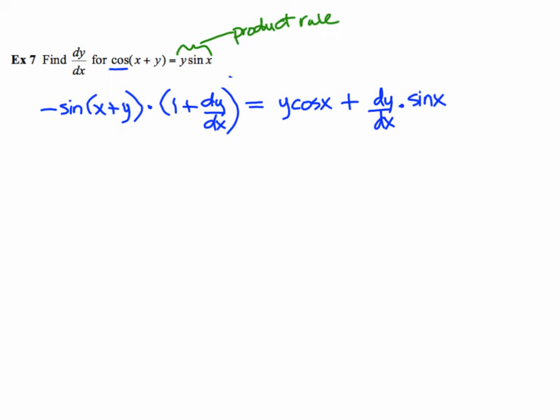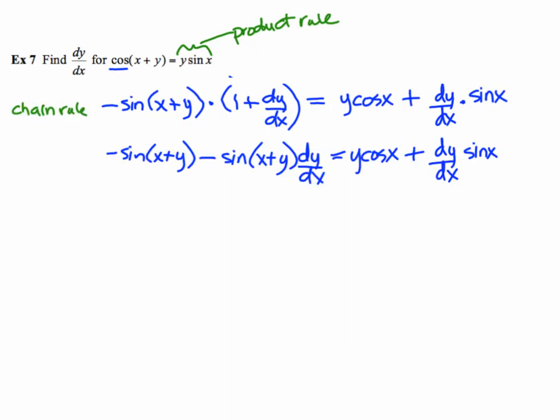And you can see on the left-hand side, I have a multiplication there, so I'm going to distribute negative sine of (x plus y) into the brackets on the left-hand side. So negative sine (x plus y) minus sine (x plus y) dy dx.